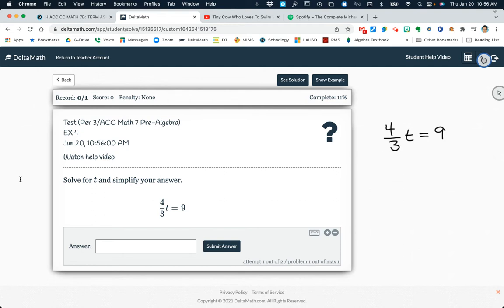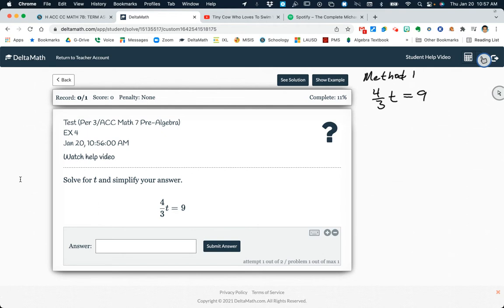You've got a fraction there. So here's method number 1. In fact, I'm going to give myself a little more room and rewrite it. So let me say 4/3 times t equals 9. Method number 1 deals with removing the denominator first.